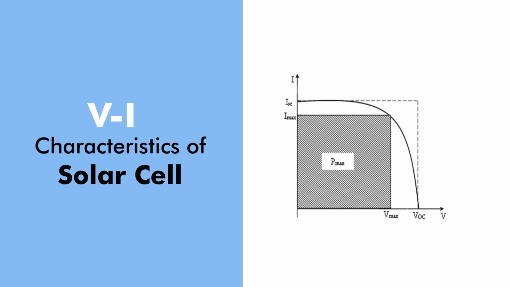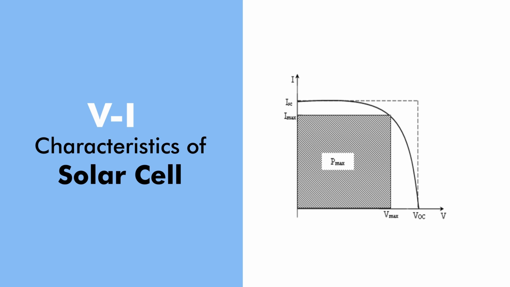Now we will discuss the VI characteristic of the solar cell. Here you can see in the figure that current is denoted on the vertical axis, and voltage on the horizontal axis. A graph of output voltage versus current for different levels of solar insolation and cell temperature is the VI characteristic of the solar cell. The figure shows a typical VI curve of the solar cell.